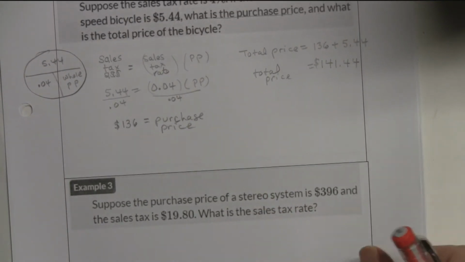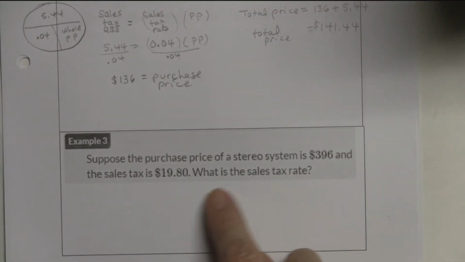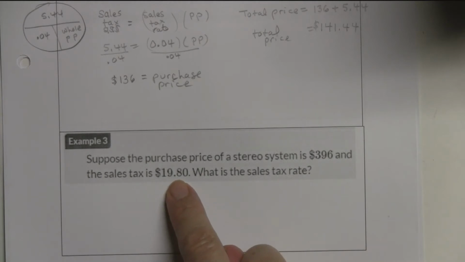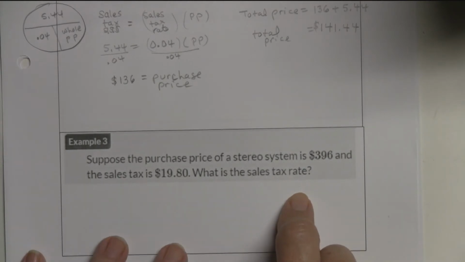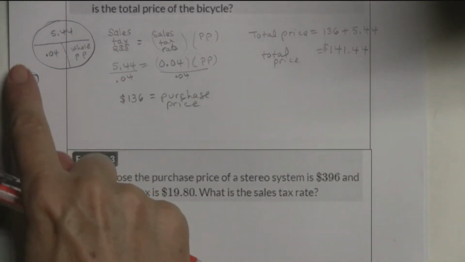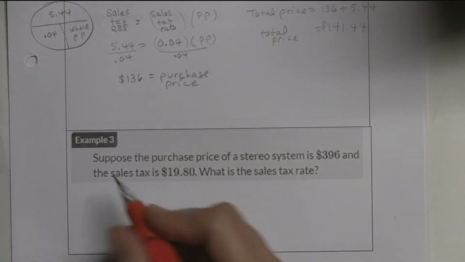It says, suppose the purchase price of a stereo system is $396 and the sales tax is $19.80. What is the sales tax rate? And so again, you can use the circle-y thing if you like to do the circle-y thing.